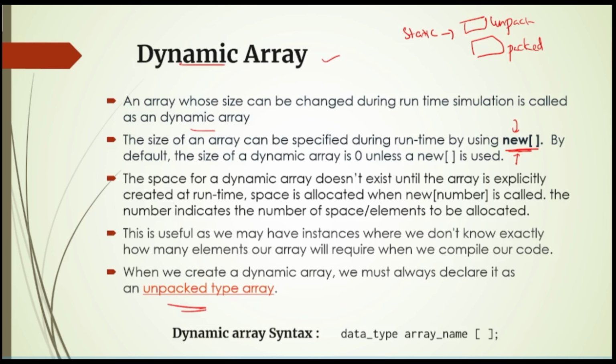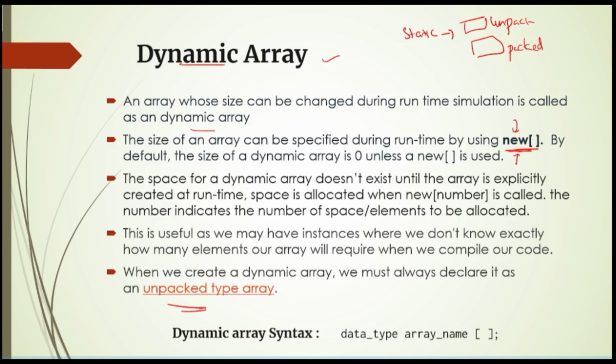Since compilation time comes first, all the continuous memory locations are allocated to the static array. Then comes the simulation time. You could remember it like this so that it will be easy for you, like when anyone asks you in an interview whether you can use a packed array or an unpacked array in a dynamic array.